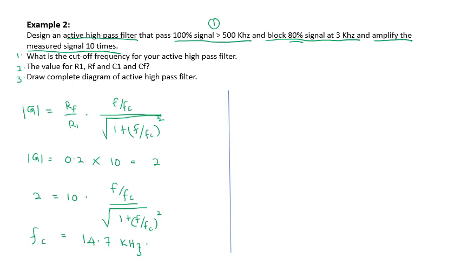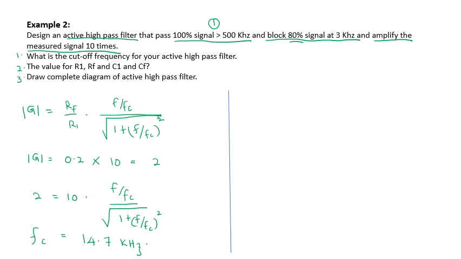From there you should be able to calculate for CF, R1 and RF.